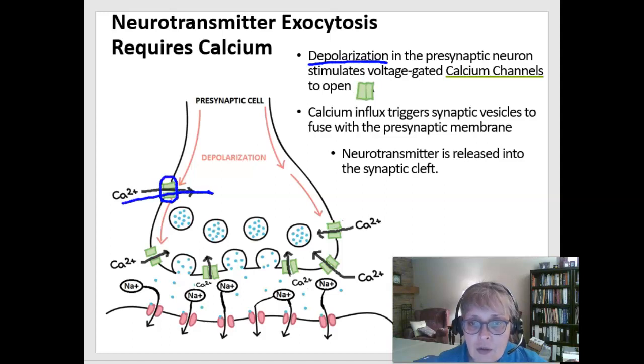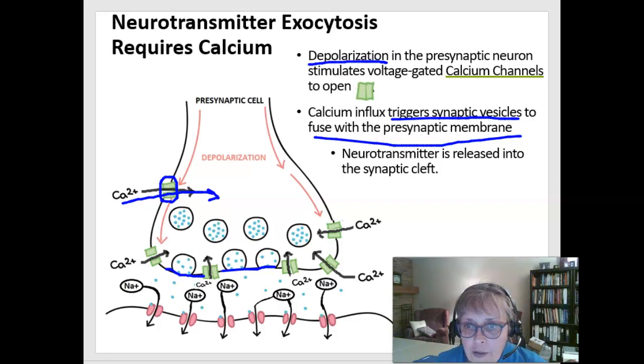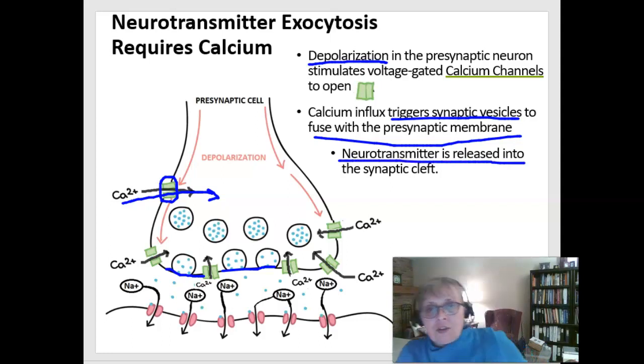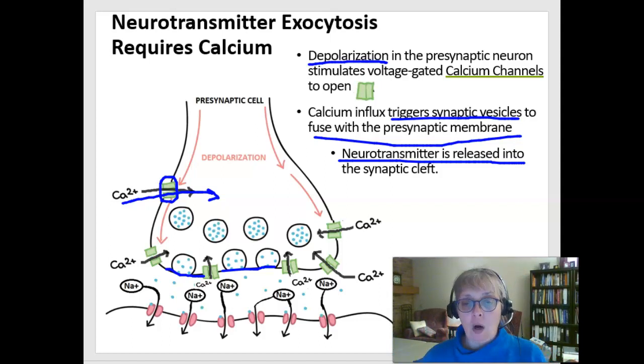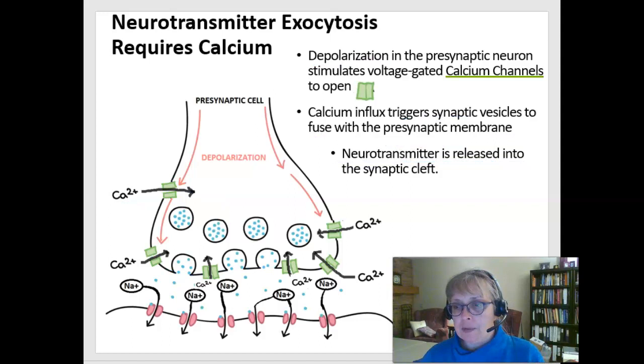So calcium flows into the cell. Now this triggers the synaptic vesicles to fuse with the presynaptic membrane. And when the vesicles fuse, the neurotransmitter is released into the cleft. So that's how a chemical synapse works.